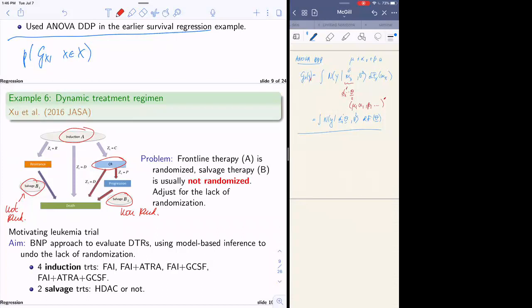But the problem here now is, if we try to compare treatments on the basis of the outcome, we have to be careful, because that includes, further down the road, non-randomized treatment assignment.